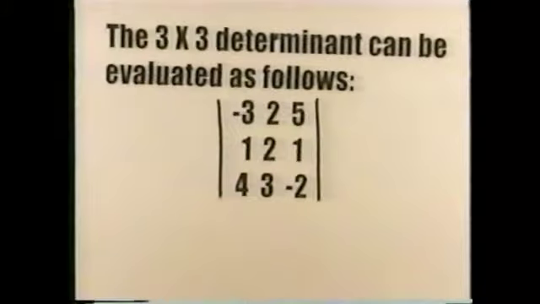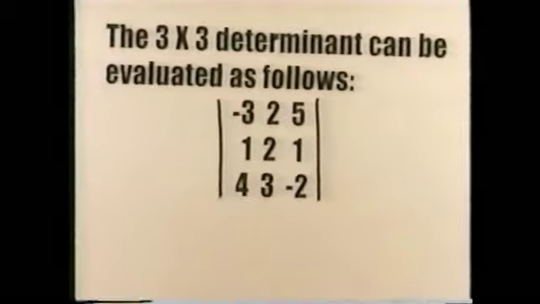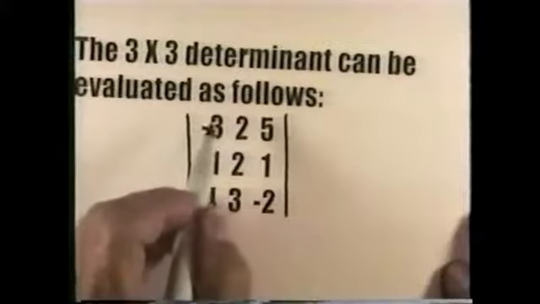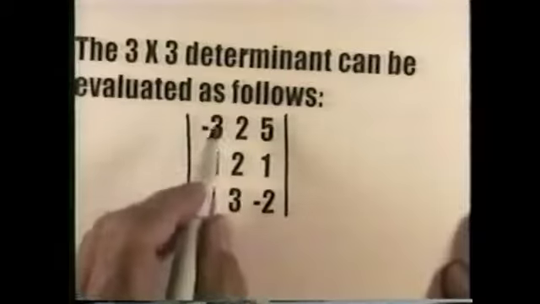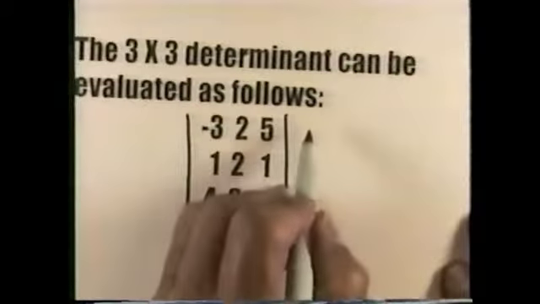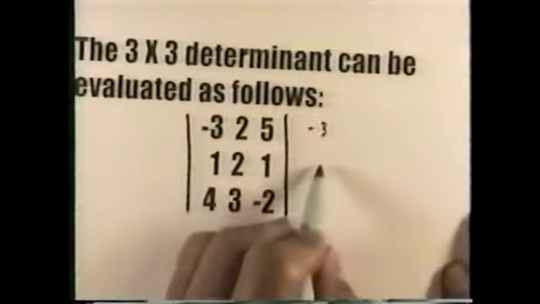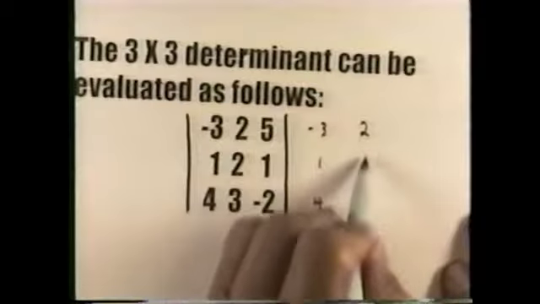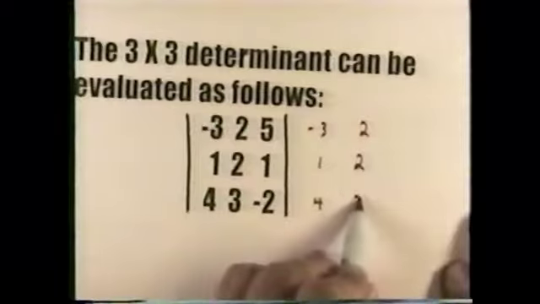A 3 by 3 determinant can be evaluated as follows. For a 3 by 3, we can shorten the steps a little bit and make it more mechanical. Now this only works for 3 by 3. What you can do is recopy the first two columns: negative 3, 1, 4, 2, 2, 3.